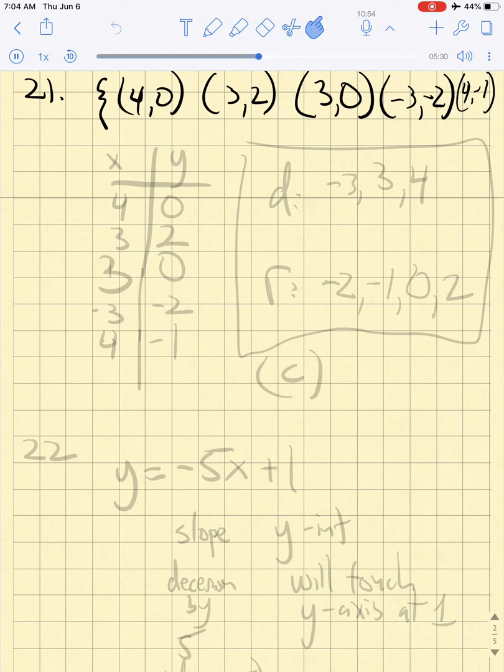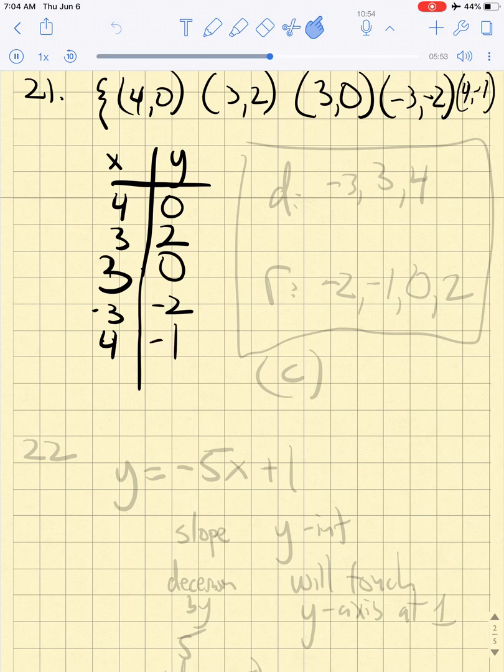So the only difference here is you have to be able to go from this to the table. So this is X, this is Y. Okay. When X is 4, Y is 0. When X is 3, Y is 2. When X is 3, Y is 0. When X is -3, this is -2, this is 4, this is -1.